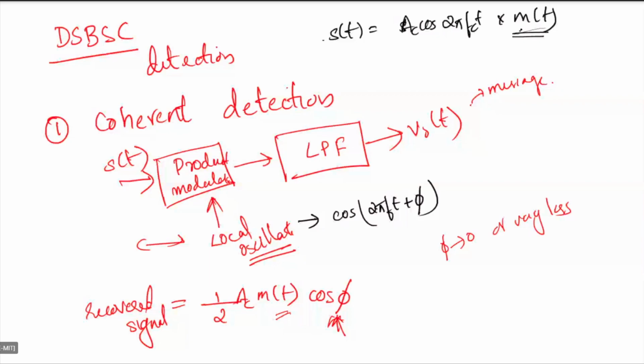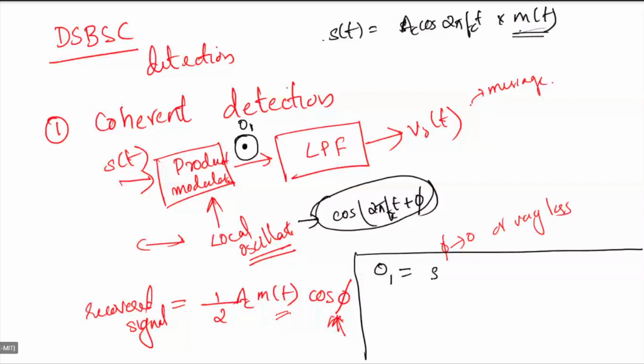So this is my incoming signal, and the local oscillator is generating cos(2 pi fc t plus phi). What will be the output here? Say the output is O1. What will be the expression for O1? It is a product modulator, so it multiplies whatever is coming as input. S of t is the input and cos(2 pi fc t plus phi) is the local oscillator, so O1 multiplies these two.